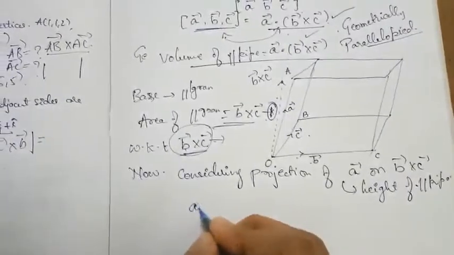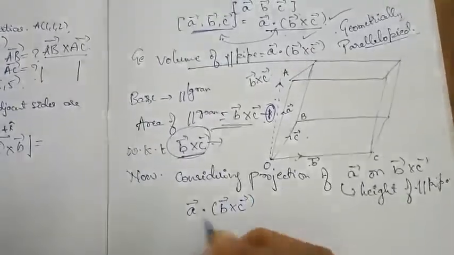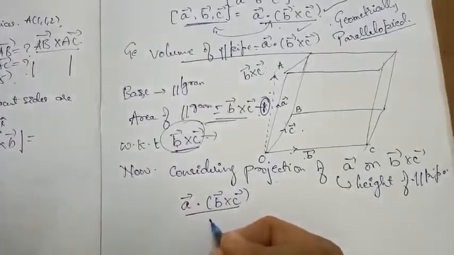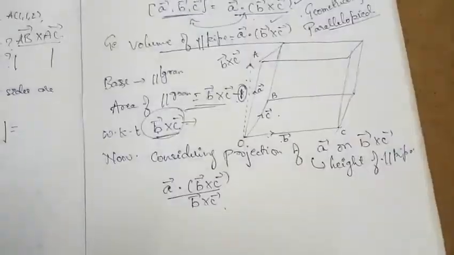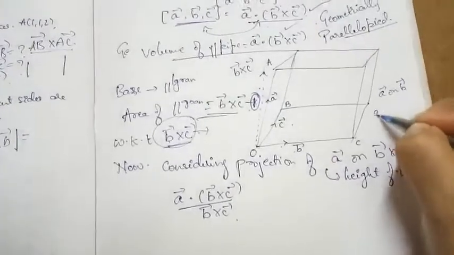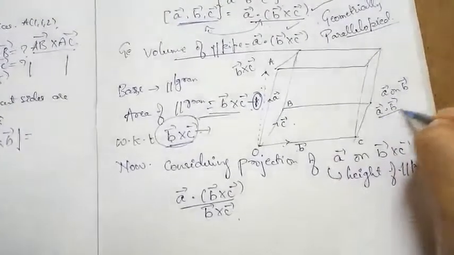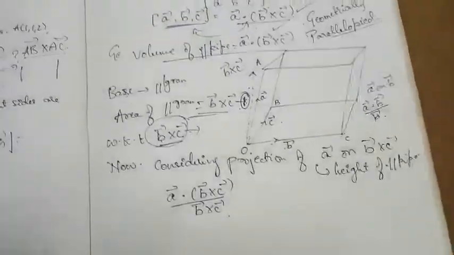So what is the projection of vector A on vector B cross C? It is nothing but vector A dot vector B cross C divided by the magnitude of B cross C. I hope you remember the projection of vector A on vector B: it is vector A dot vector B divided by the magnitude of vector B. So this is what I have represented here.